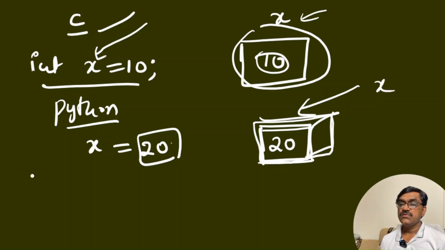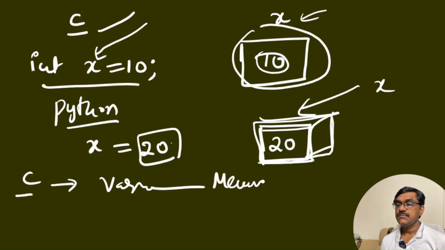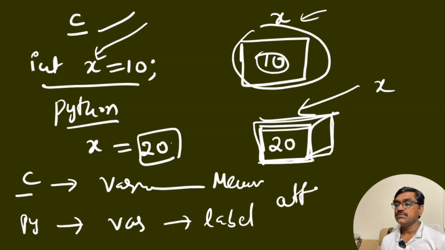Very, very important thing you remember here is in C, variable is the memory location. But in Python, a variable is simply a label attached to a value. This is very, very important.